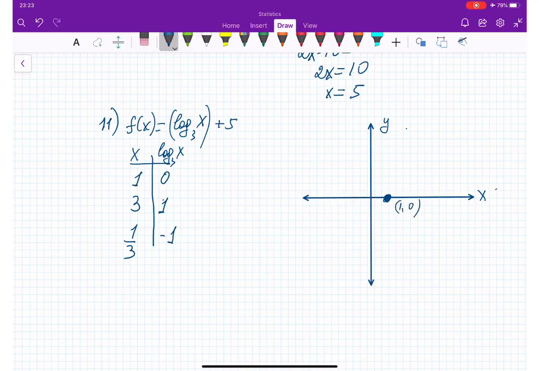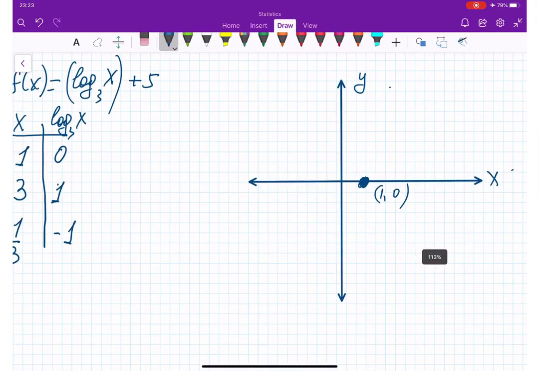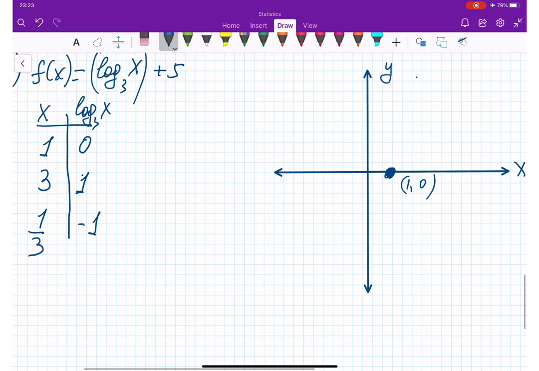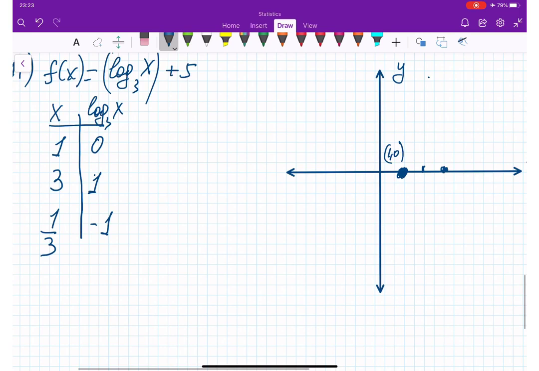Next, x is equal to 3. This is 1, this will be 2, this will be 3. This point is 3. Let me clean this 1, 0, bring it here. So this will be 3, and the y is going to be positive 1 right here. So one point will be here.